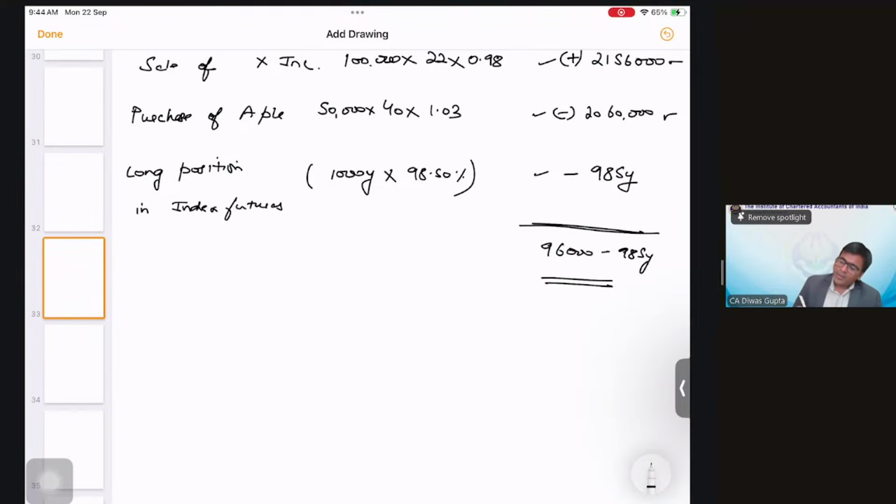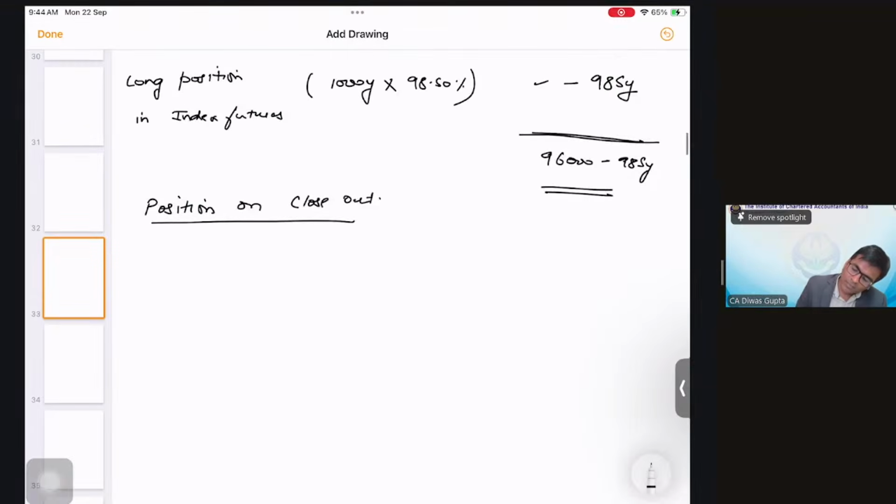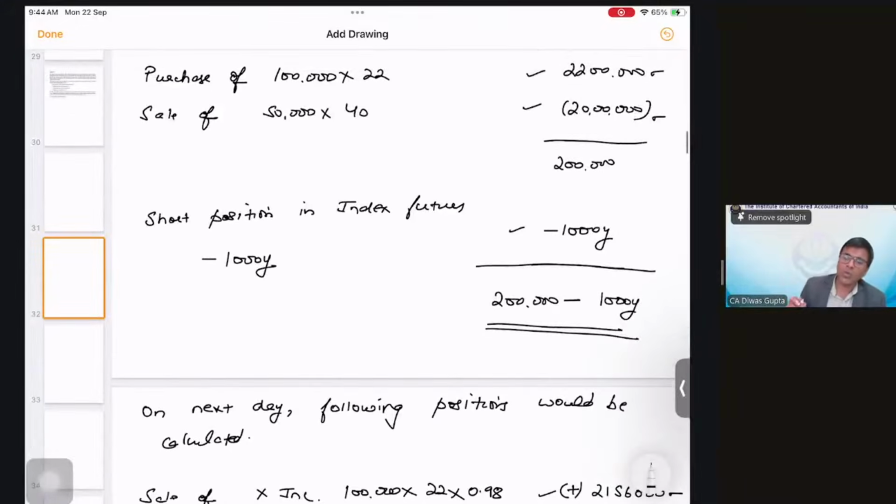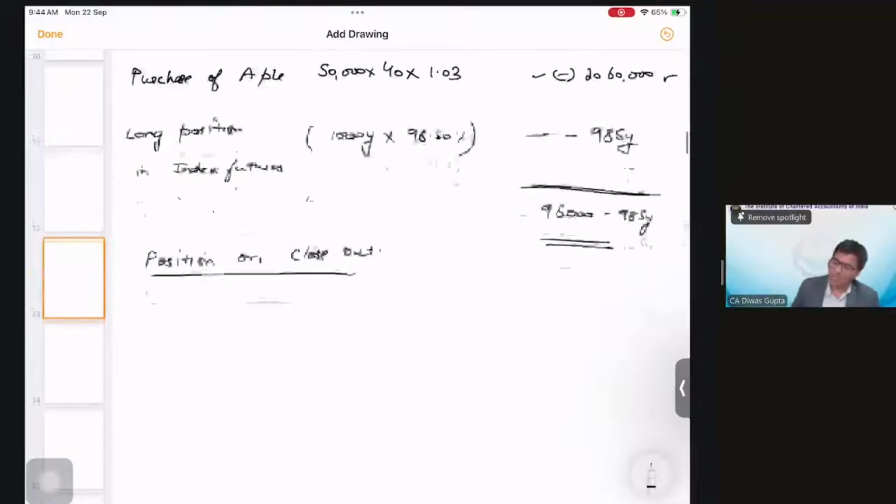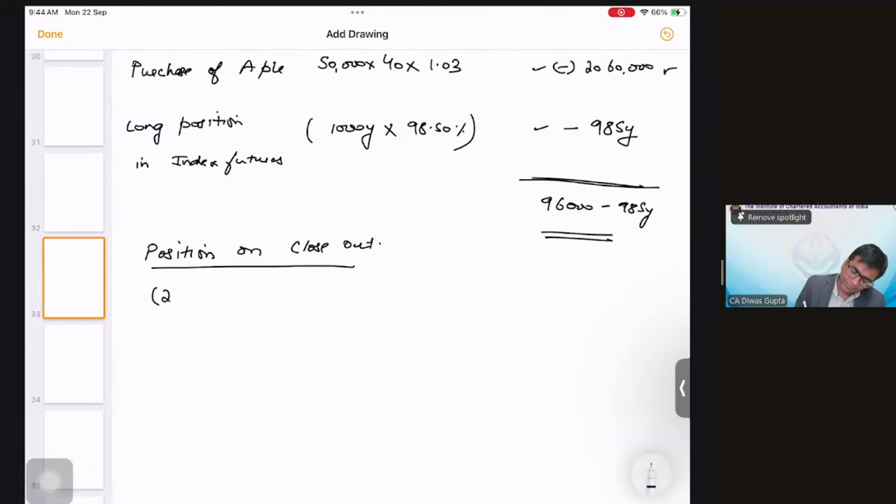So the position on closeout. What will be the position on closeout? 2 lakh minus 1000Y minus 96,000 minus 985Y is equal to 1,14,500. So this will be the opening.